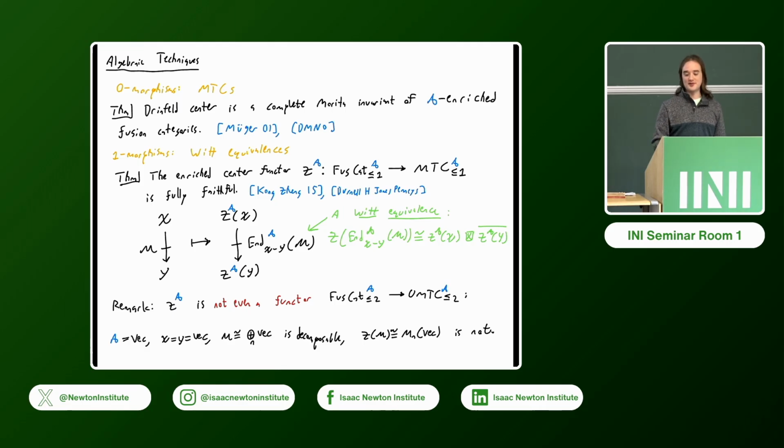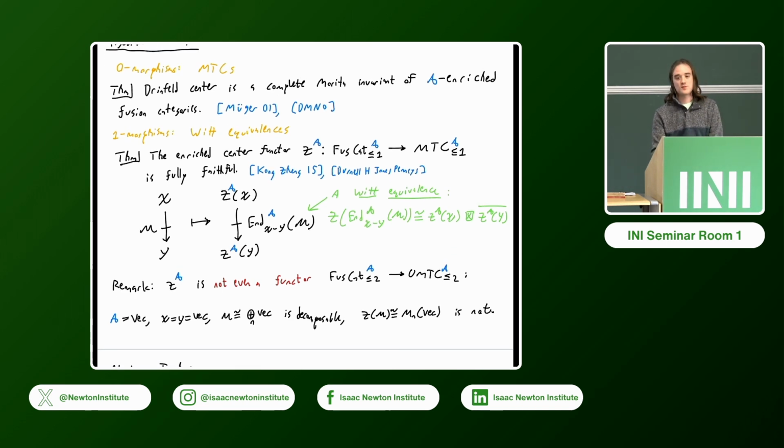The unenriched version, I believe, is due to Müger. And the A-enriched version, I think, more or less falls out of works of Davydov, Müger, Nikshych, and Ostrik. So in other words, the anyon theory, the theory that tells you what all these excitations are that you can move around, is already a Morita invariant thing.